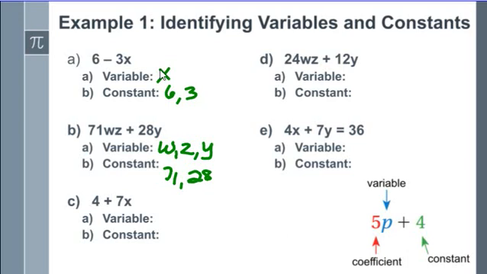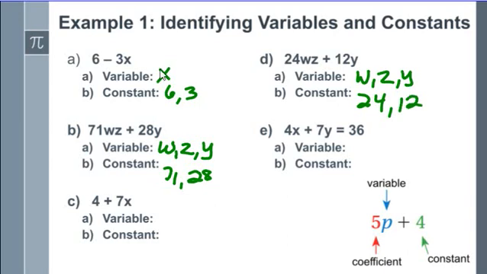Let's do one more on this slide, and we'll go to some other examples. Let's do letter D, 24wz plus 12y. My variables, my letters, w, z, and y. Those are my three letters, my three variables. The constants, all my numbers, 24 and 12.